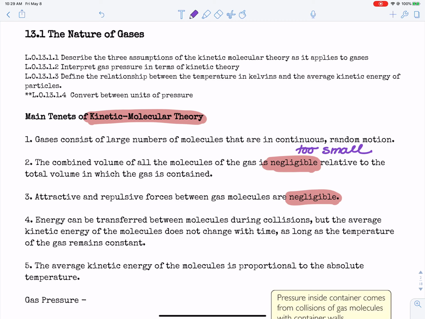They transfer energy from one molecule to another, but the overall energy that those molecules have, the average kinetic energy of the molecules, is proportional to the temperature. So an individual molecule can change energies, but the overall average will stay the same if it's the same temperature.